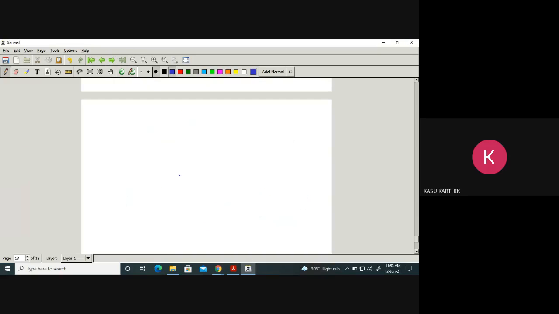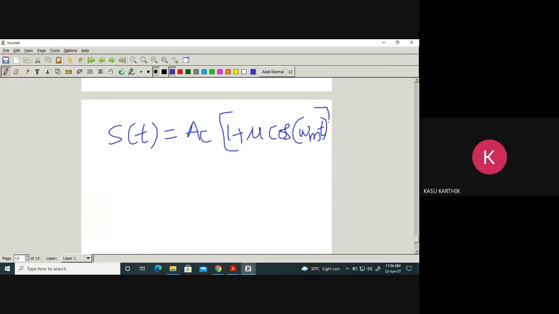What will happen? So let us take the equation. S of t equal to AC into 1 plus mu cos omega mt into cos omega ct. Don't take any FCFM, that is not required.